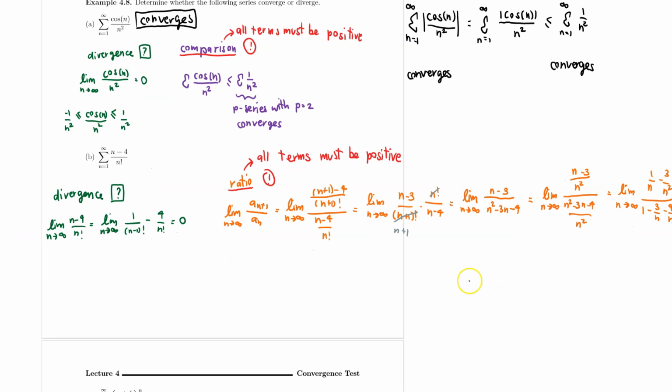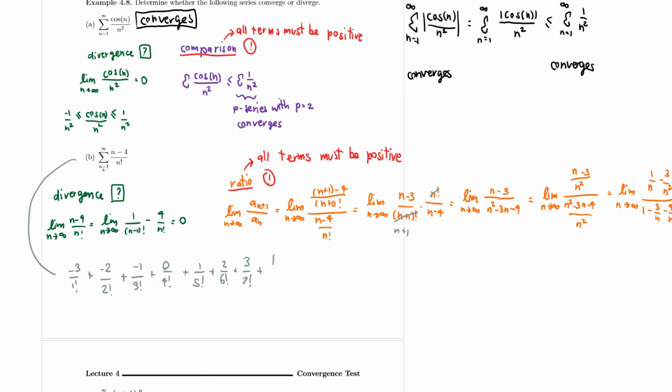But if we look at the terms in this series, so if we write it out a little bit, when n is equal to 1, I'm going to get negative 3 over 1 factorial. When n is equal to 2, I'm going to get negative 2 over 2 factorial, and then negative 1 over 3 factorial, and then 0 over 4 factorial, and then 1 over 5 factorial, 2 over 6 factorial, 3 over 7 factorial, 4 over 8 factorial, and so on.